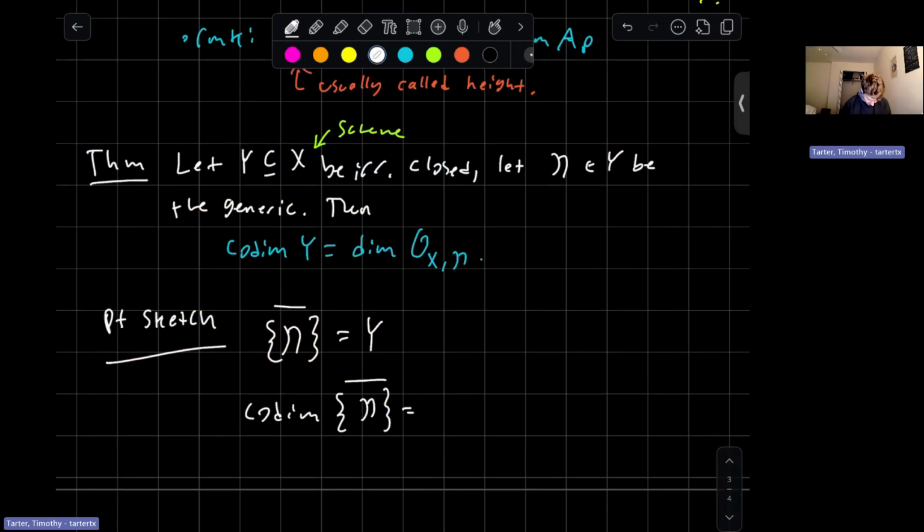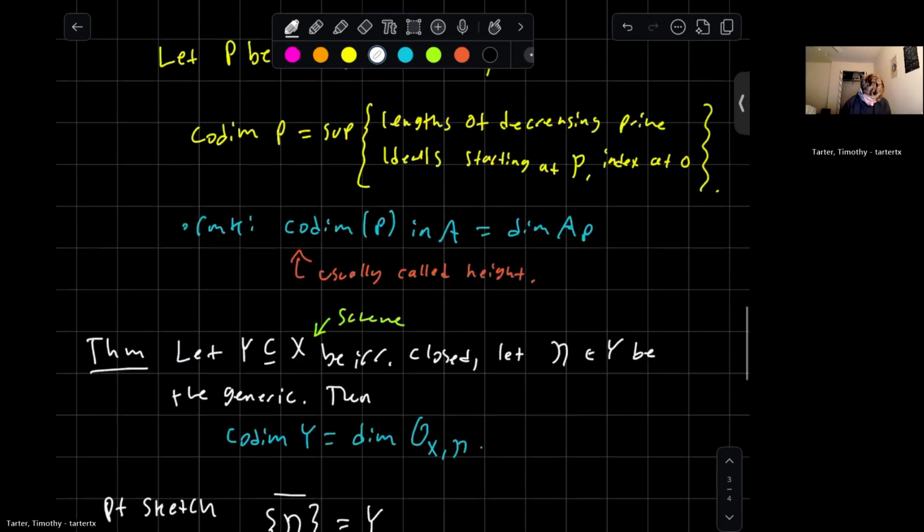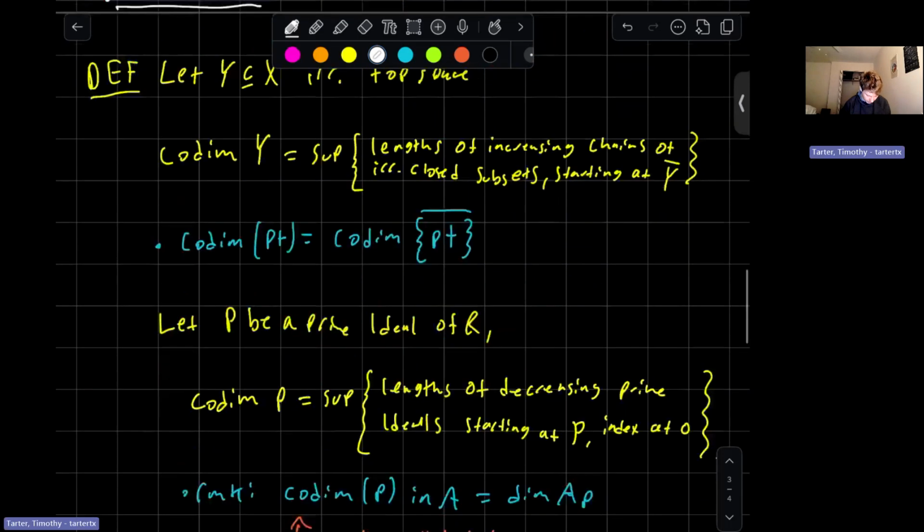This is equal to the codimension of a point.